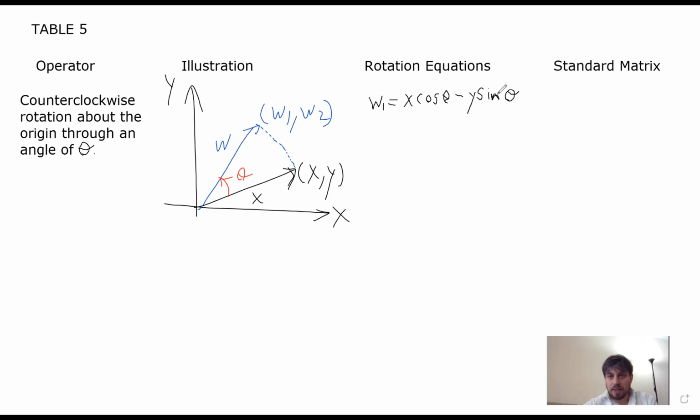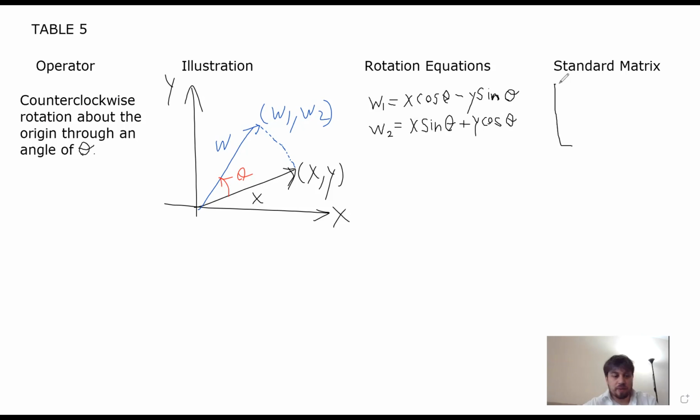And then w2 is equal to x sine theta plus y cosine theta.